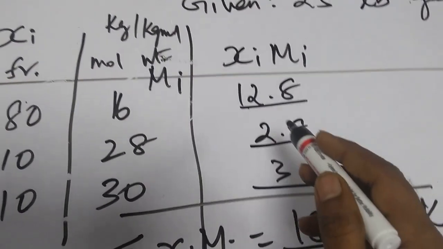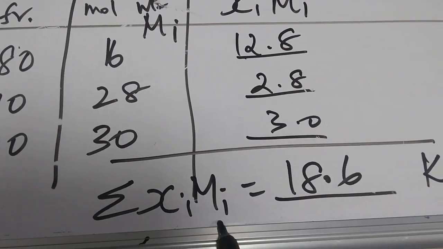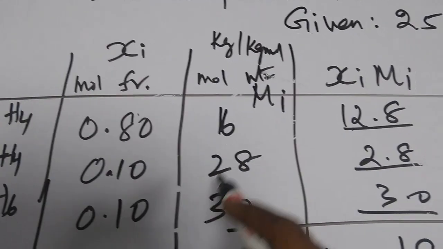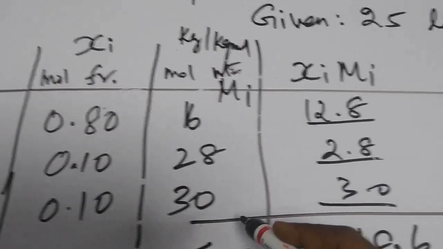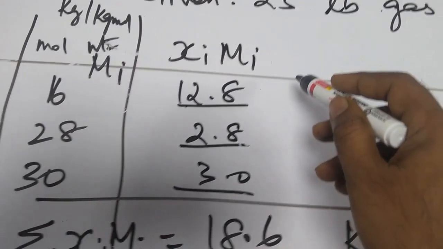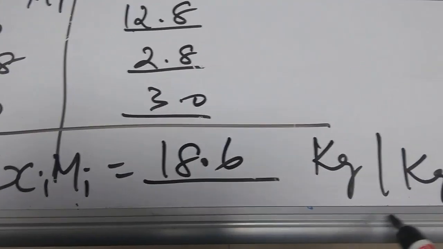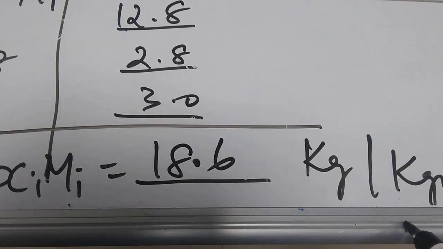Average molecular weight is the summation of the product of mole fraction and molecular weight of each constituent. So we have calculated Xi Mi, and the summation gives us the average molecular weight of the gas mixture.